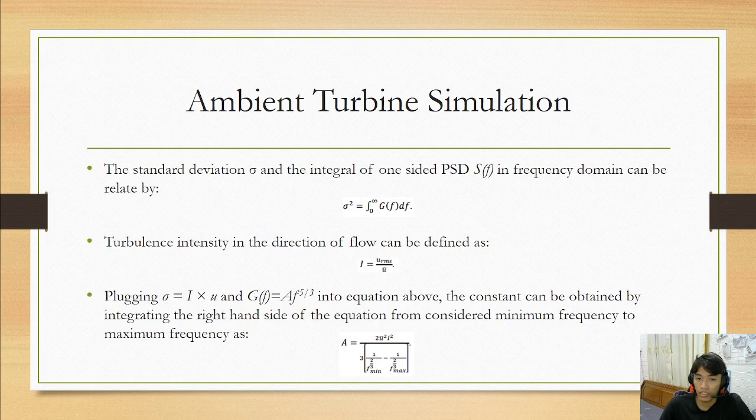So plugging in the standard deviation equals I times U and G(f) equals A f to the power of negative 5/3 into the equation above, the constant can be obtained by integrating the right hand side of the equation from the considered minimum frequency to maximum frequency as the equation shown.